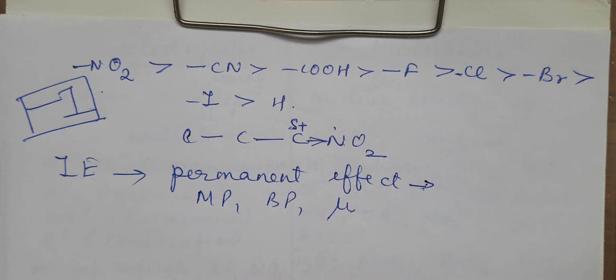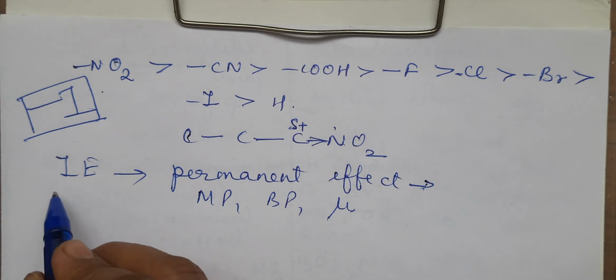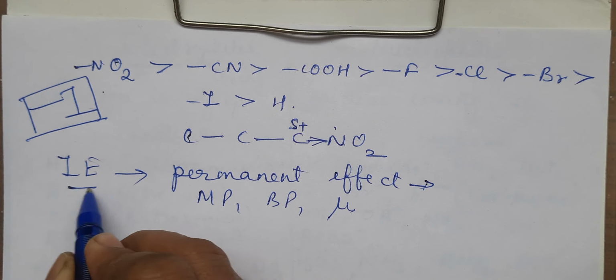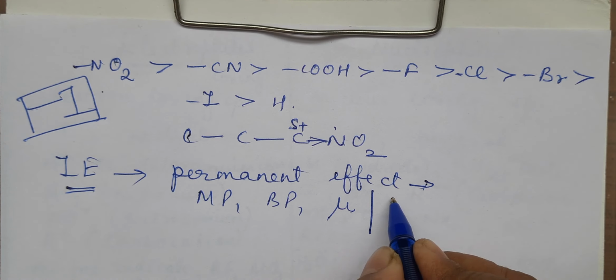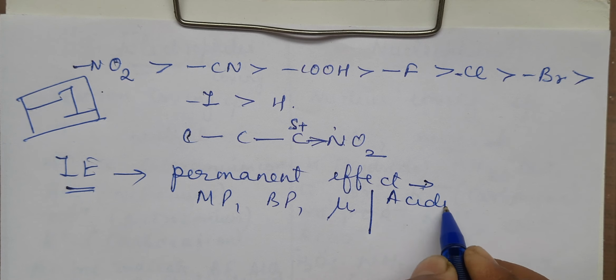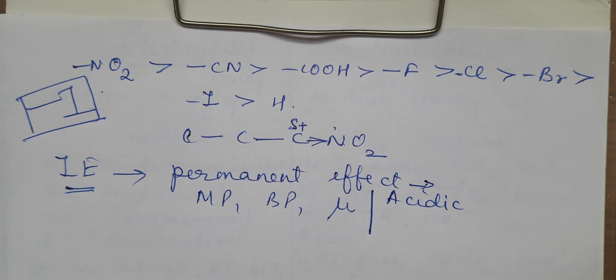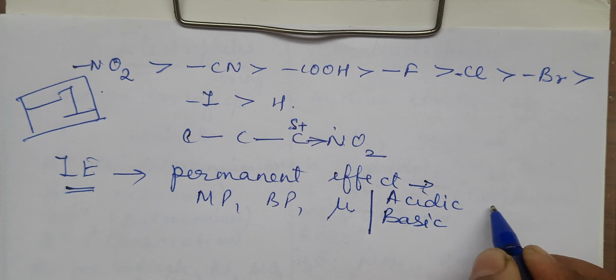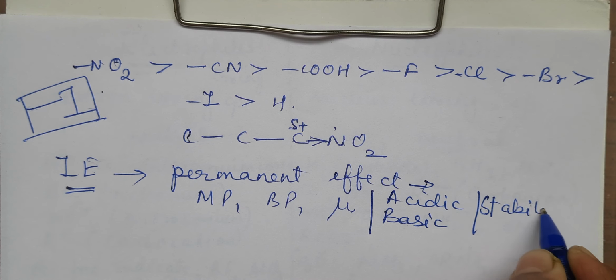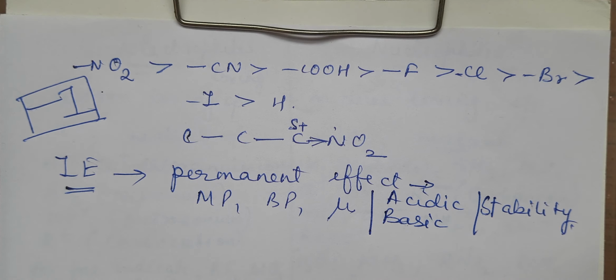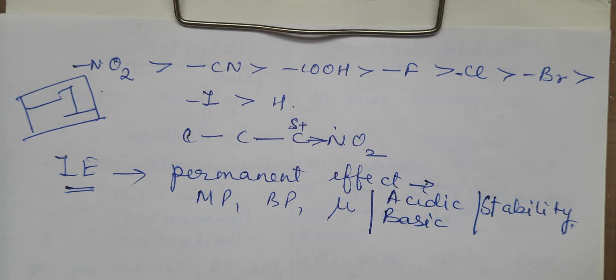Moreover, inductive effect affects the acidic nature. How it is affecting, I told you, we will take a separate video on the properties. Basic nature also, and it also discusses the stability of the molecule, why this particular species is more stable than the other. Till here it is clear.